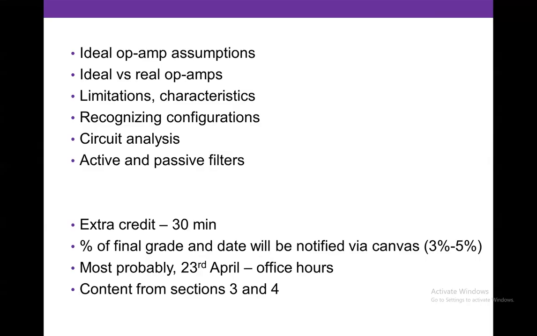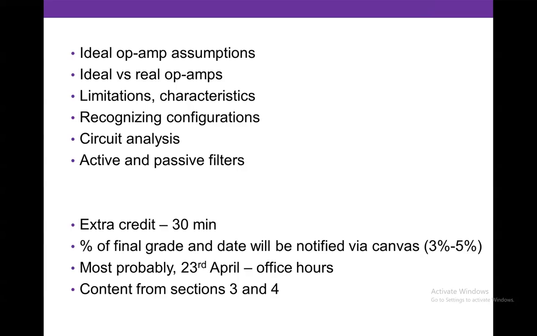So for the extra credit, I know some of you cannot make it to office hours on Thursdays, so I'm trying to see if I can arrange a different time. Right now, what I have is next Thursday during office hours. It'll be half an hour. I'll post if it's like 3% extra credit or 5% or somewhere in between, so 4%. So it's not going to be more than 5%.